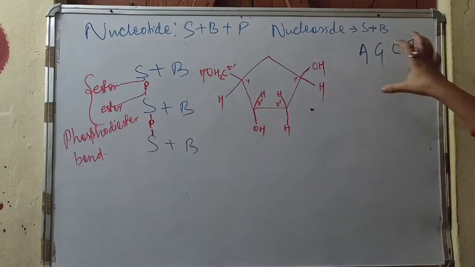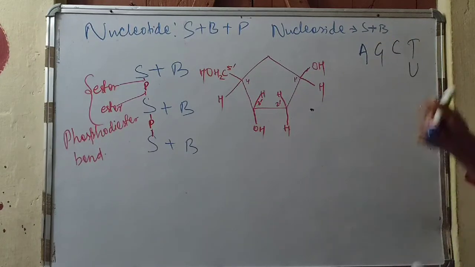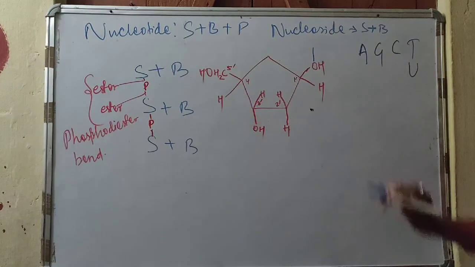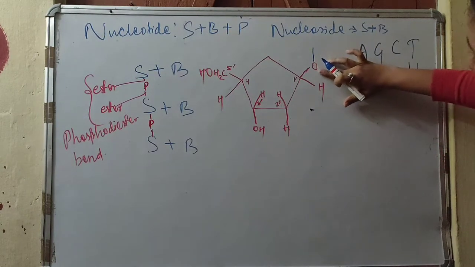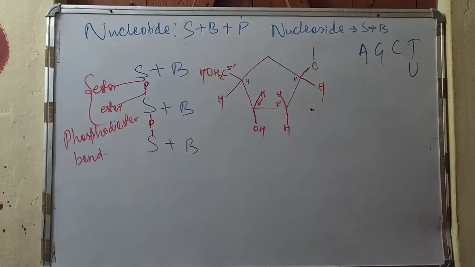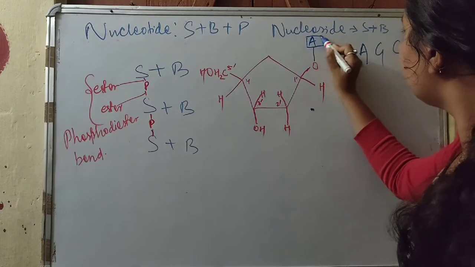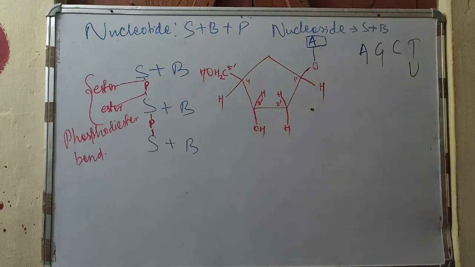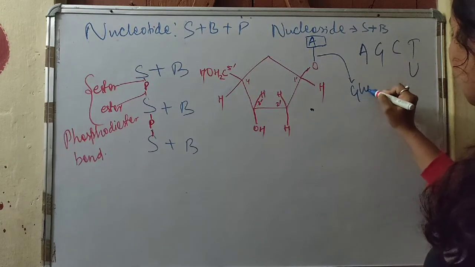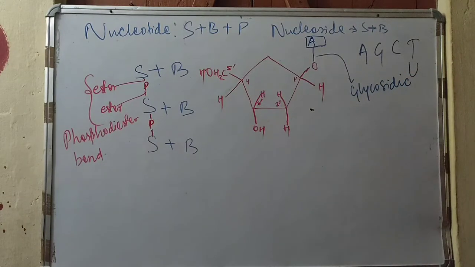So now these bases will be bonded over here. 1 hydrogen will be removed when the bases bond with the sugar. Now for example, this is adenine, base of adenine. They are bonded with one another by glycosidic bond.